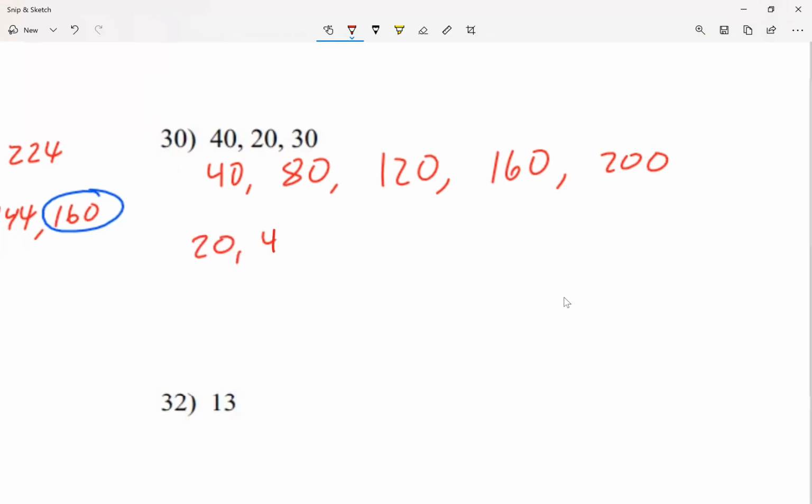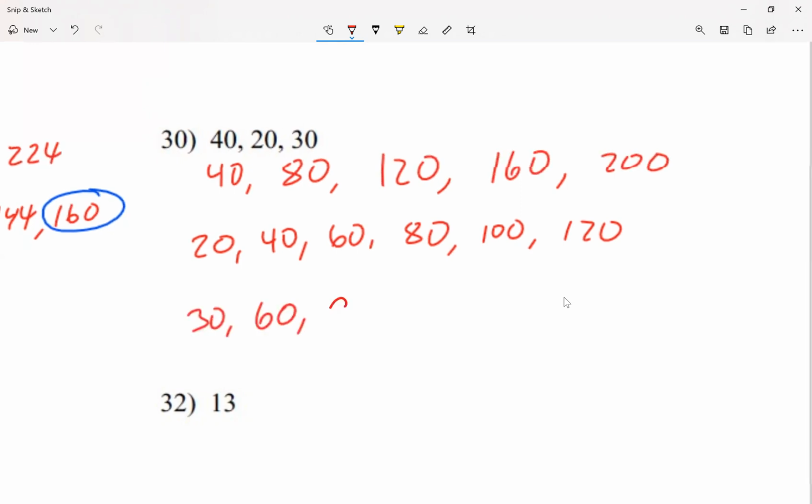So 20, 40, 60, 80, 100, 120. Let me find some multiples of 30. So 30, 60, 90, 120, 150, 180. I think that's enough.